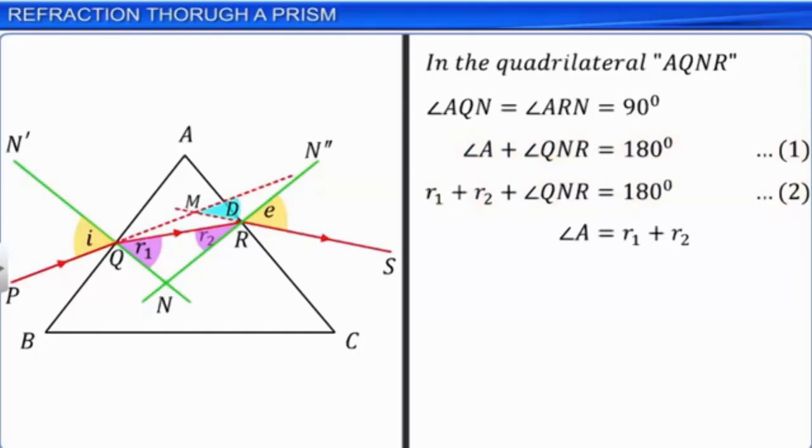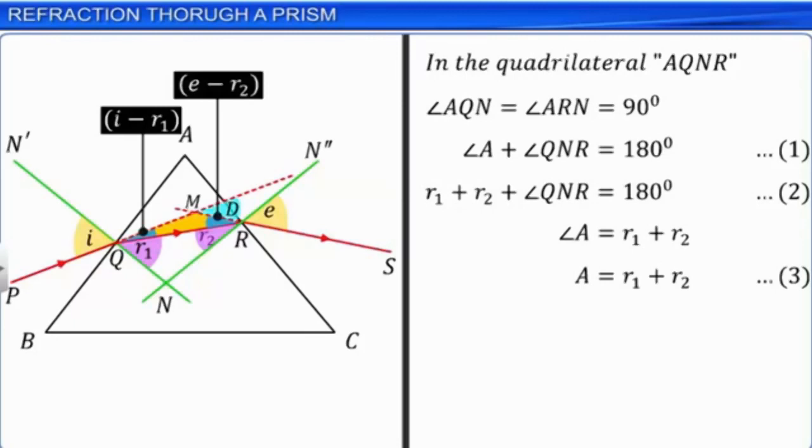Since in a triangle, the external angle is equal to the sum of the 2 opposite internal angles, for the triangle MQR we have D is equal to I minus R1 plus E minus R2, or D is equal to I plus E minus of R1 plus R2. On substituting the value of angle A from equation 3, we get D is equal to I plus E minus A. Let this be equation 4.